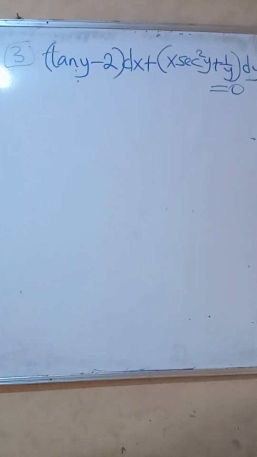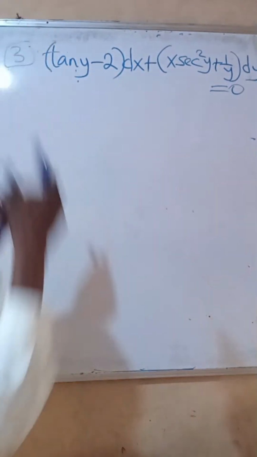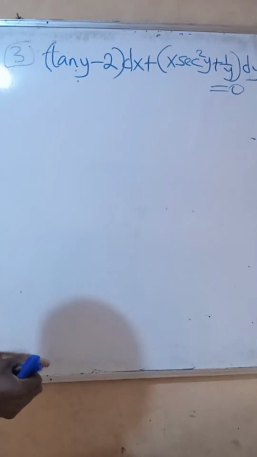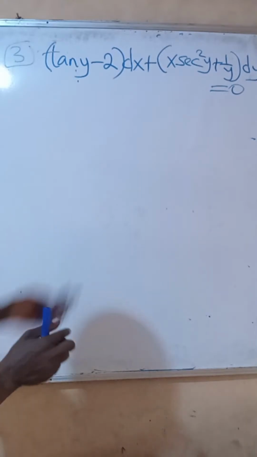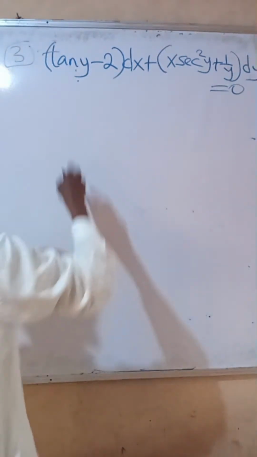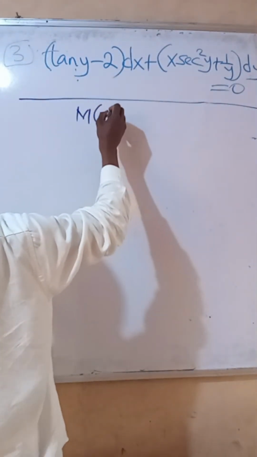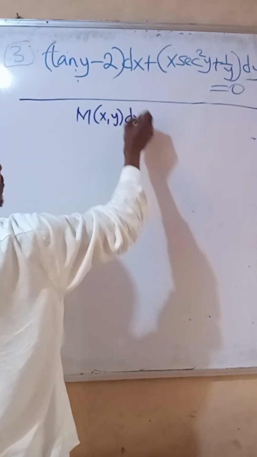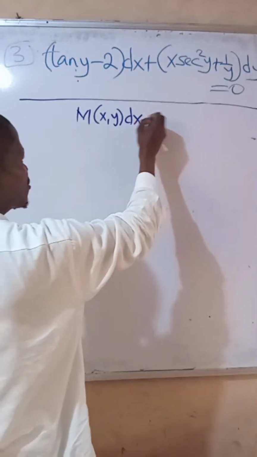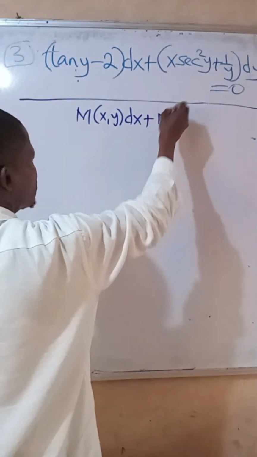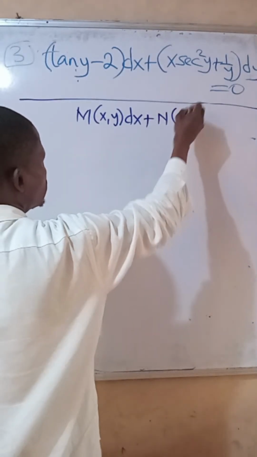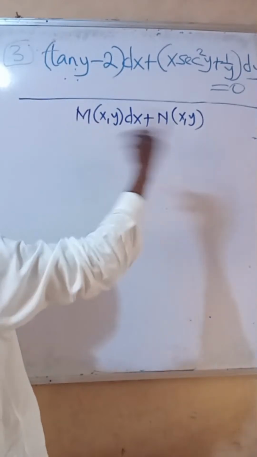So what do we do? It's very simple. Actually, when you have this kind of differential equation, it will always be in this format: m, a function of two variables, dx, plus n, also a function of two variables, dy. That means the equation is in the variables x and y.